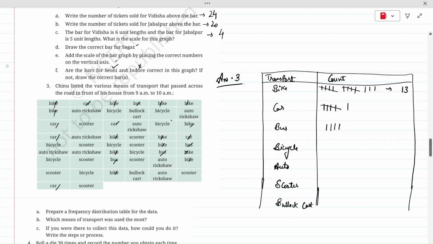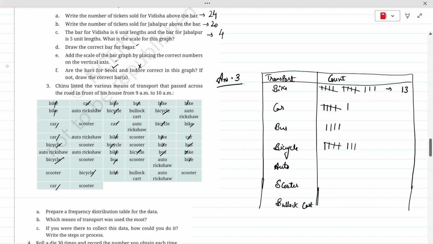Next we have bicycle. Bicycle is 1, 2, 3, 4, 5, 6, 7, 8.